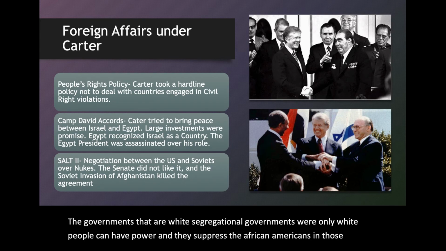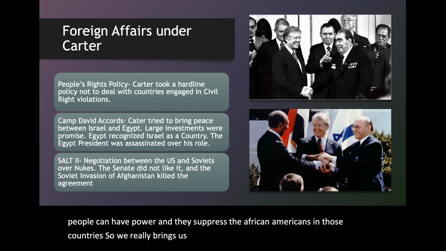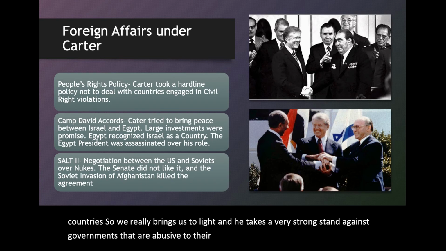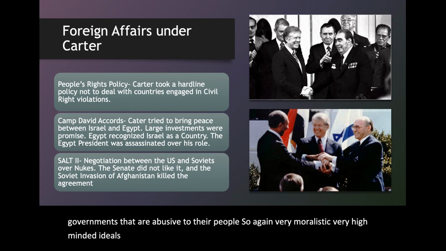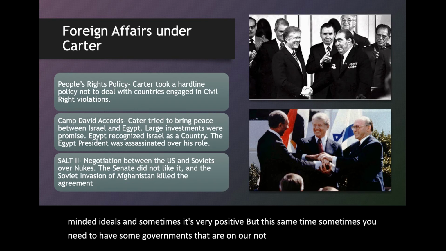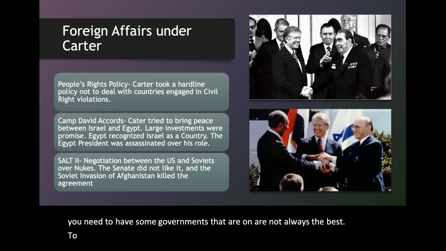So he really brings this to light, and he takes a very strong stand against governments that are abusive to their people. So again, very moralistic and very high-minded ideals. And sometimes it's very positive, but at the same time, sometimes you need to have some governments that are not always the best to have your back in some situations.